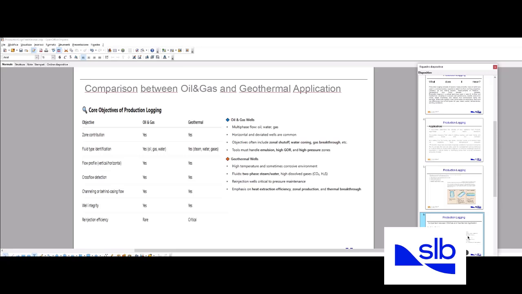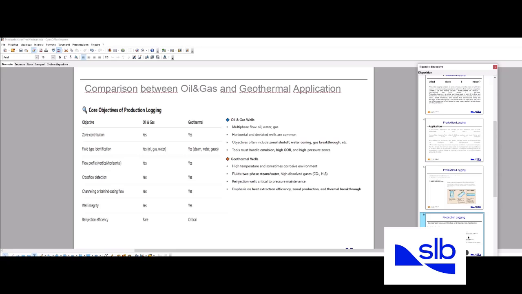So what will be the core objectives of production logging? Clearly identifying zones of contribution, both for oil and gas wellbores and geothermal wellbores.